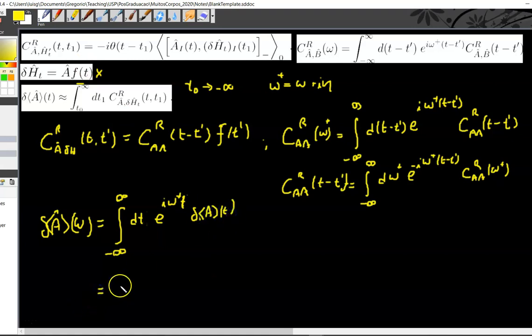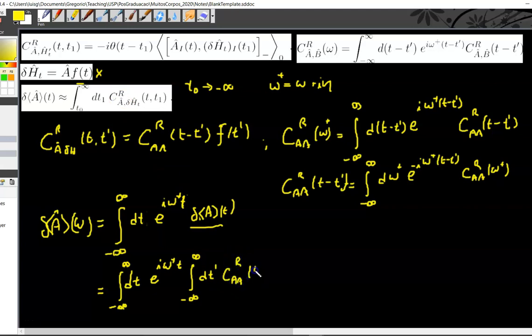Okay, this is going to be e to the omega plus t times the integral of, again, I'm sending t0 to minus infinity, dt prime of CAA retarded between t and t prime, or t minus t prime, doesn't matter, times this function of t prime.